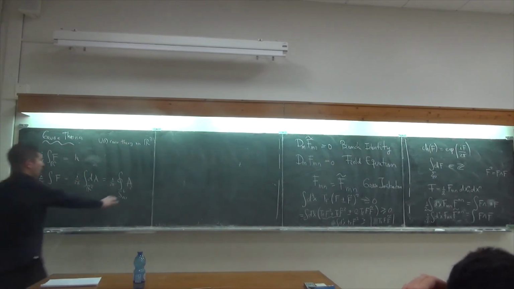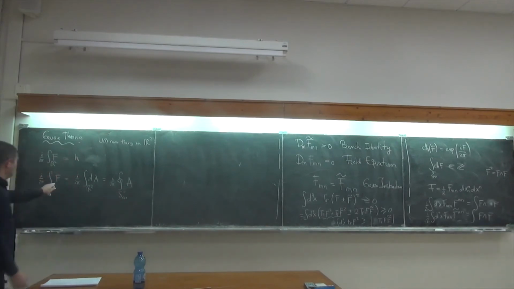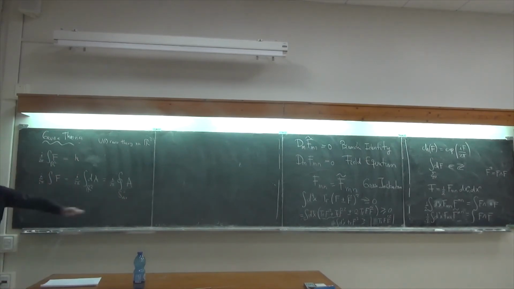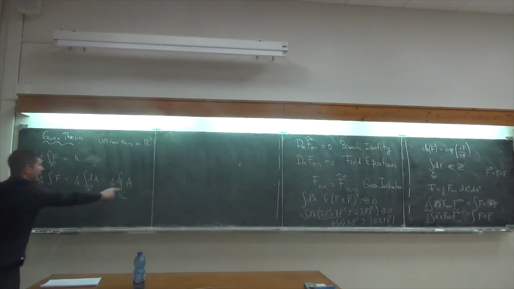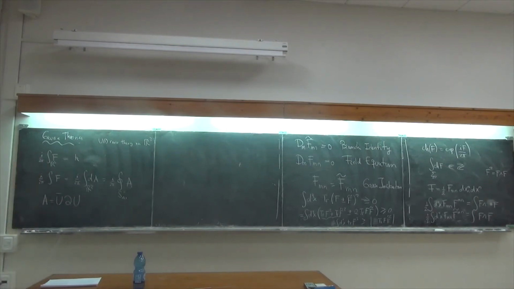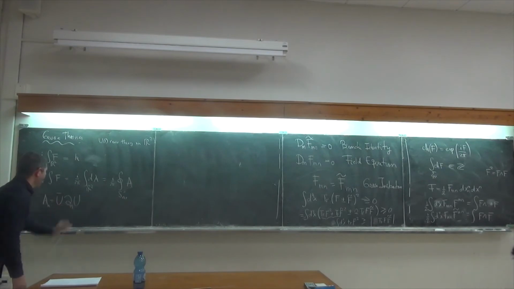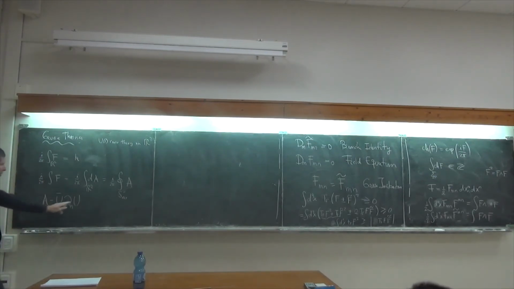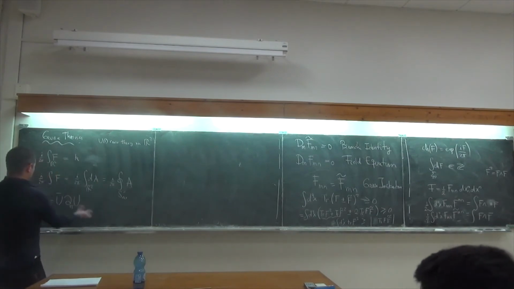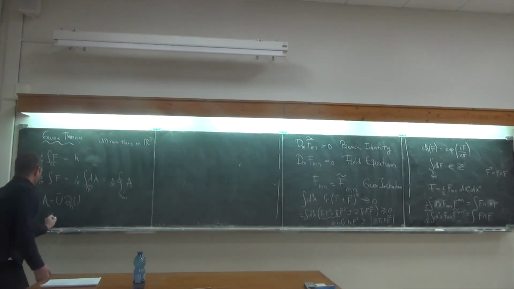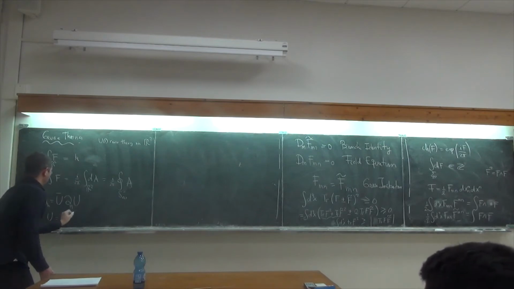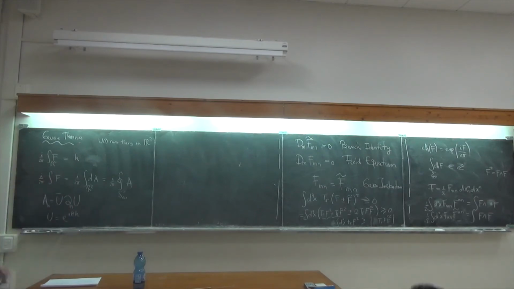Now, at infinity, if this integral is finite, F should be 0. Therefore, this A should be a pure gauge at infinity. For U(1), you can just take, for example, U equal to e to the i k theta. It should be a phase.